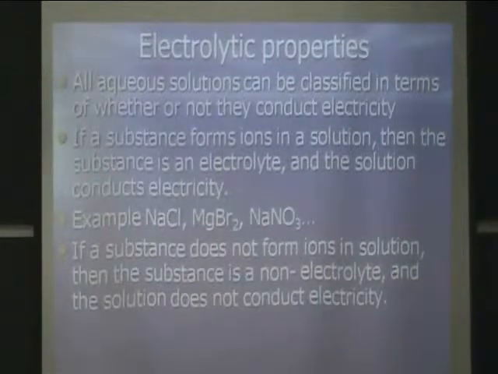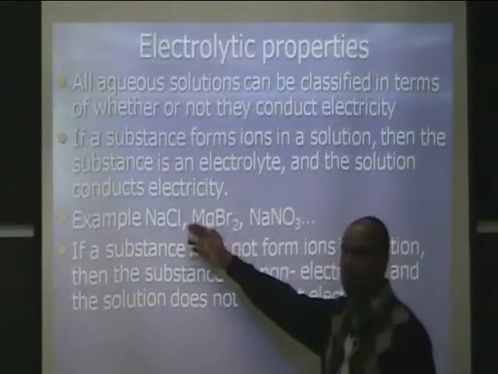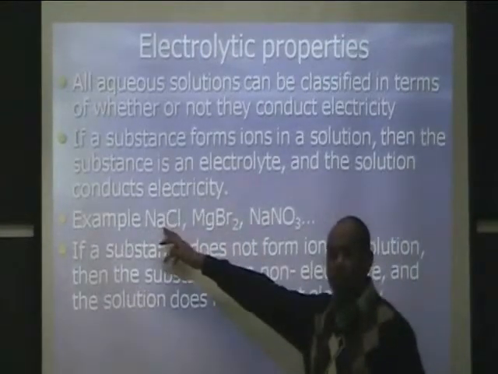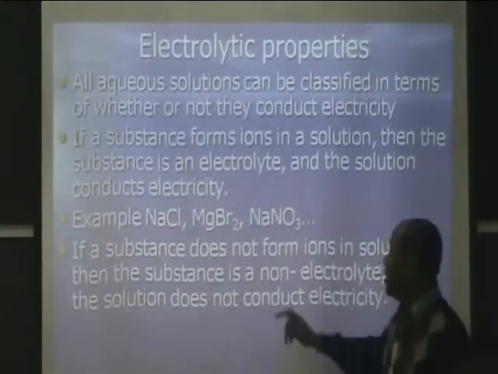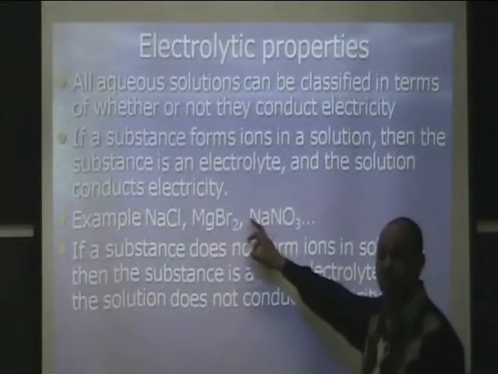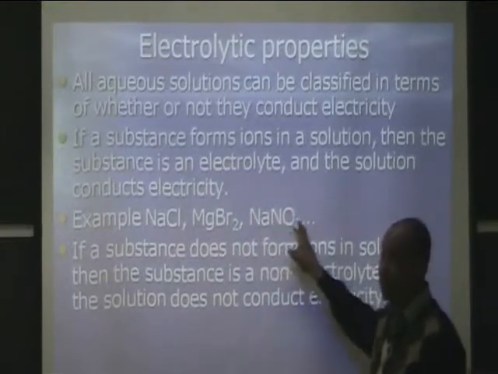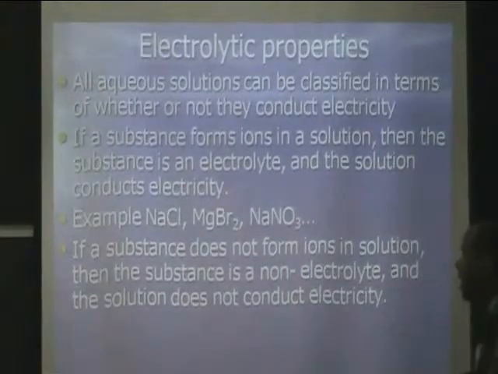Most ionic compounds, for example sodium chloride, dissolve in water and form ions like sodium ion and chloride ion. Magnesium bromide, sodium nitrate. What are the two ions formed from sodium nitrate? Sodium ion and nitrate ion.